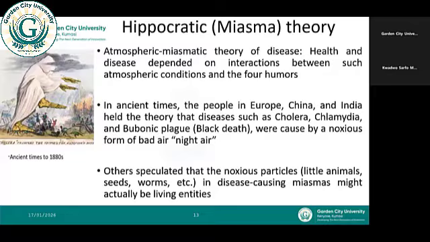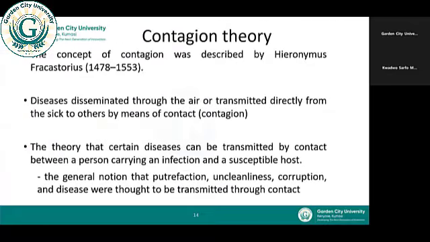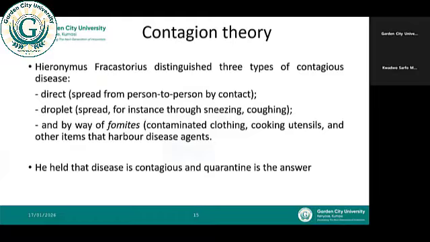So this led to the theory of contagion. So Hieronymus Fracastorius also said that disease is caused by contact between persons, and that it could be direct, so from one person to the other, or droplets, so somebody sneezes or coughs, then these particles or these droplets would move from one person to the other, and then the person gets the infection.